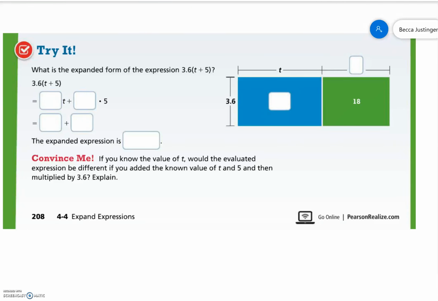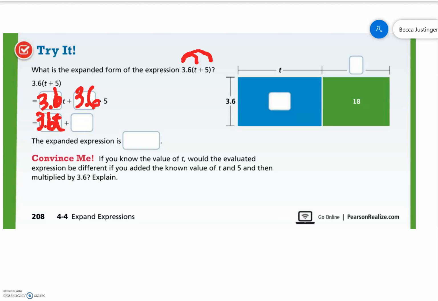Try it. What is the expanded form of the expression 3.6 times t plus 5? Whenever I see that number outside of the parentheses, I know I'm going to distribute. I'm multiplying. So I have to do 3.6 times t and 3.6 times 5. So 3.6 times t gives me 3.6t, and 3.6 times 5, I believe, is 18.